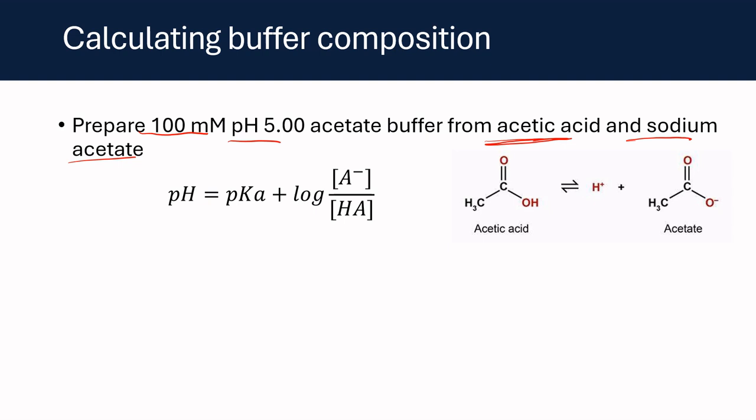All right, the Henderson-Hasselbalch equation is going to come into clutch here. We are going to put in 5.00 as the desired pH. We already know that the pKa, it's going to be burned into your souls at this point, is 4.76 for acetic acid, plus the log of A minus over HA.